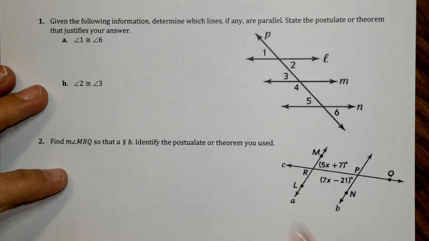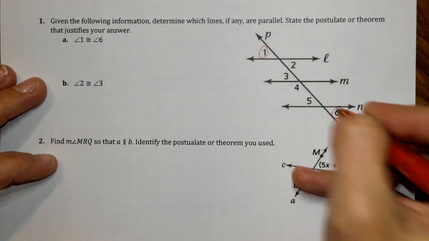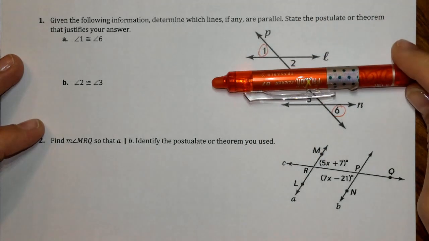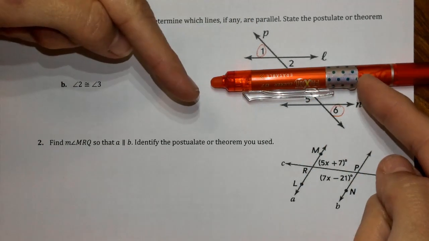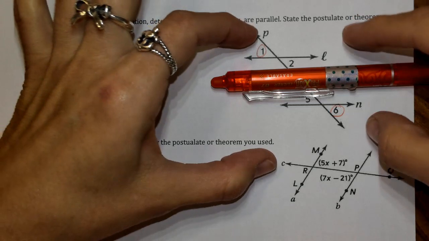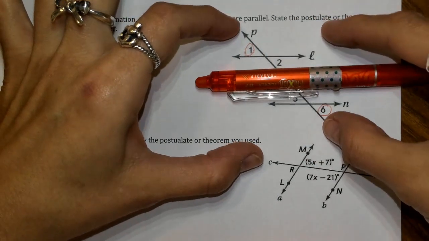So we're going to take a look at this first one, and we have angle 1 is congruent to angle 6. If we look at angle 1 and angle 6, we're not using line M. With your transversal, we're on alternate opposite sides, and we're exterior. Think about my pen as the car driving down the road. That's interior. We're exterior.